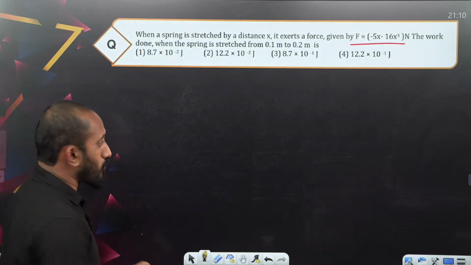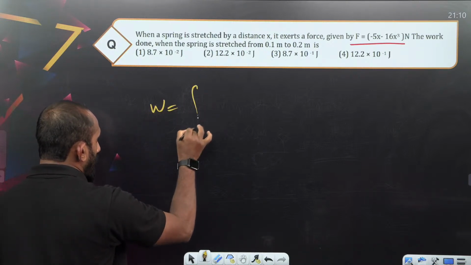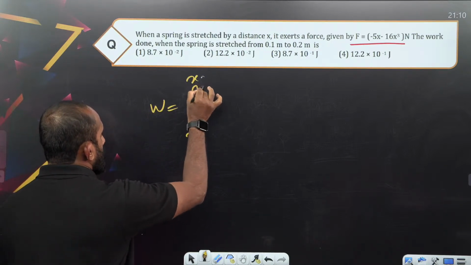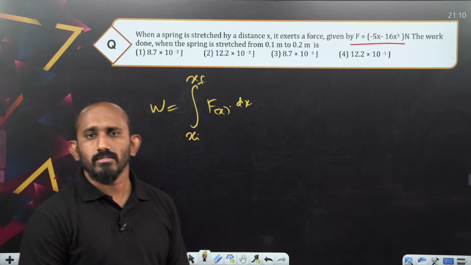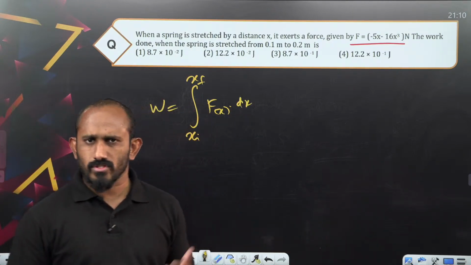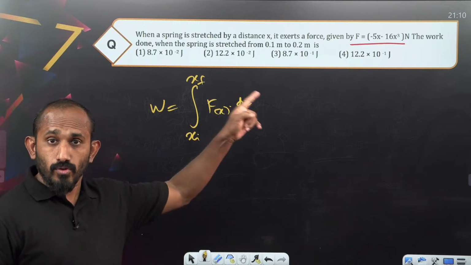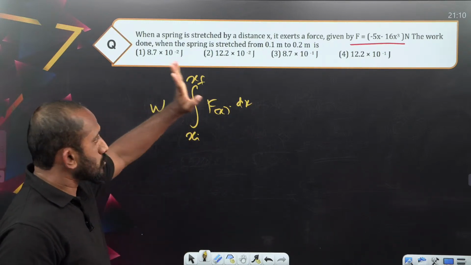So work done by variable force, we have the equation work is equal to integral xi to xf of F of x dx. That's the equation for work done by variable force. So just substitute, everything is gone. You have to integrate that force from 0.1 to 0.2 meter.